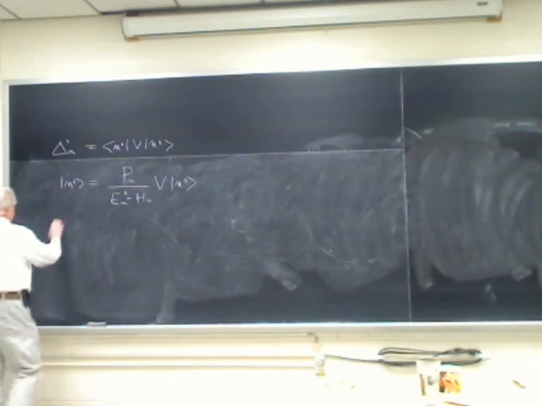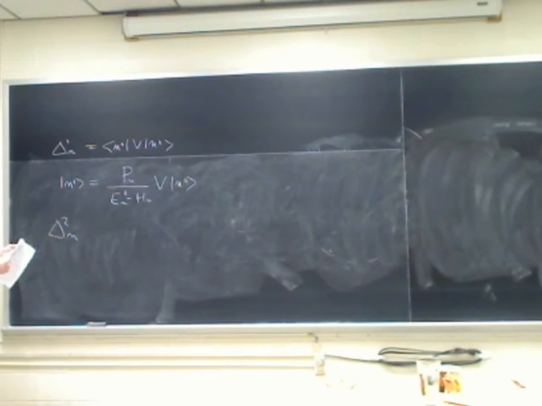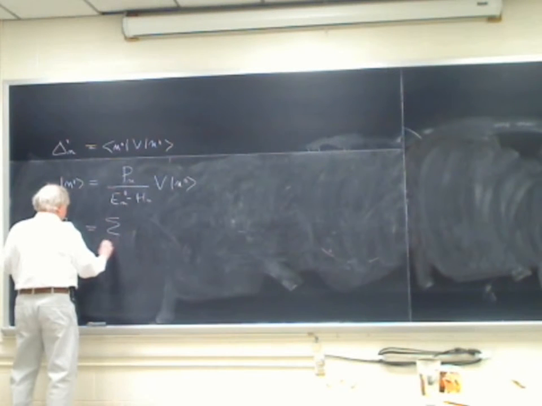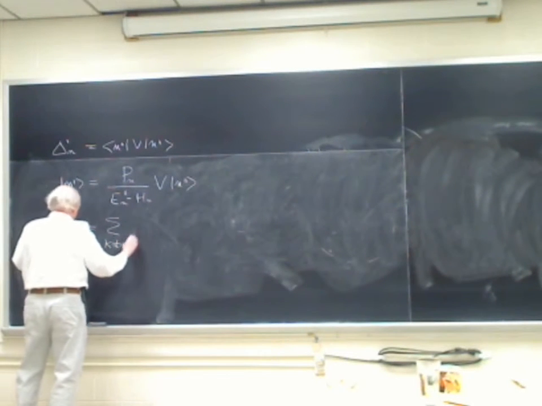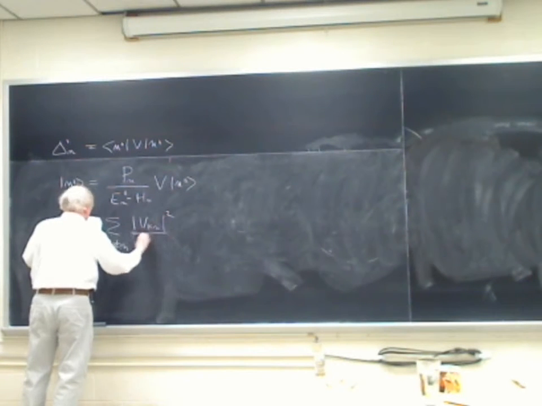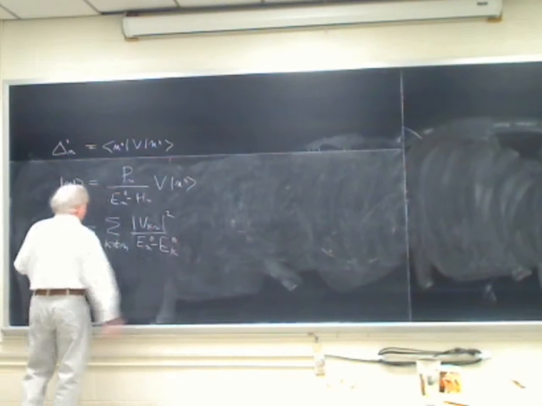And then we found that delta 2 was the sum over k not equal to n of Vkn squared over En0 minus Ek0.